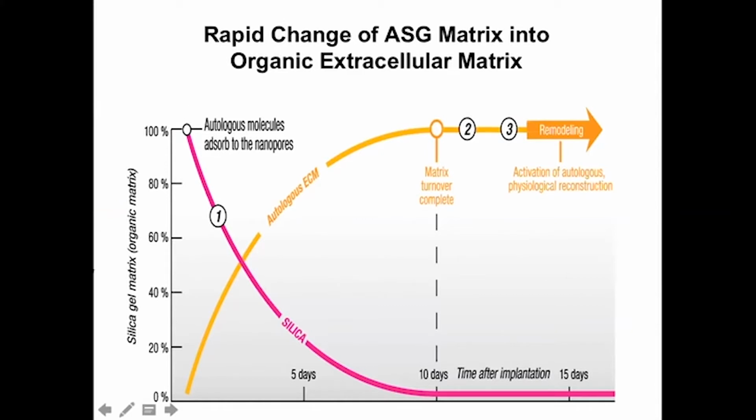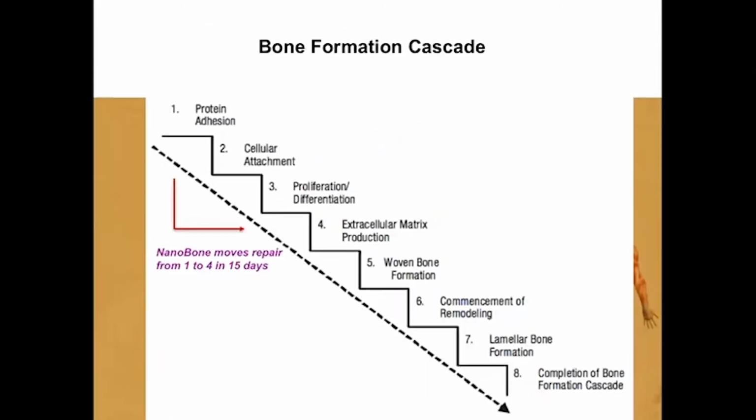You can see on the left you have the silica gel matrix and how that breaks down over time, this scale being about 15 days. And then the key factor is, I think, this autologous extracellular matrix that forms, which typically goes on to the remodeling stages that can take much longer than the 10 to 15 days that we see with NanoBone.